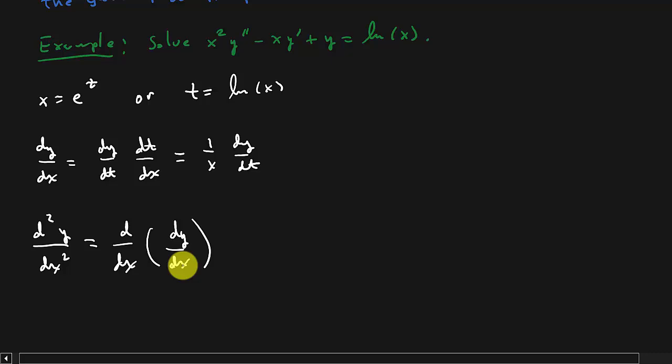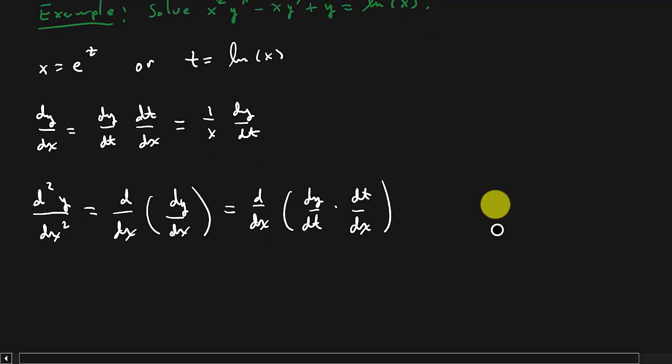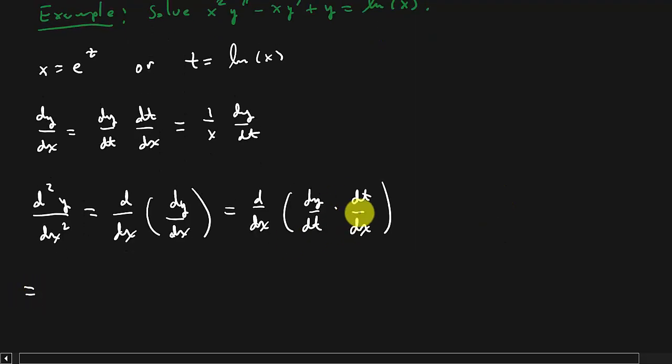I'm writing this as d/dx of dy/dx. And so this is going to be d/dx of dy/dt times dt/dx. We wrote that up here also: dy/dx is this. So what do we do now? Now we've got the product rule for this.